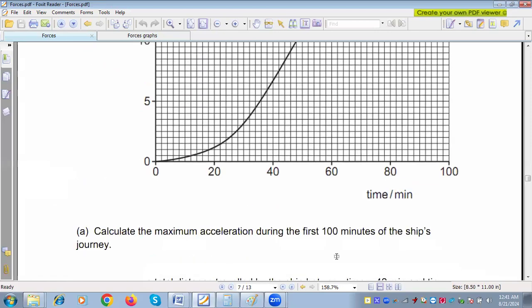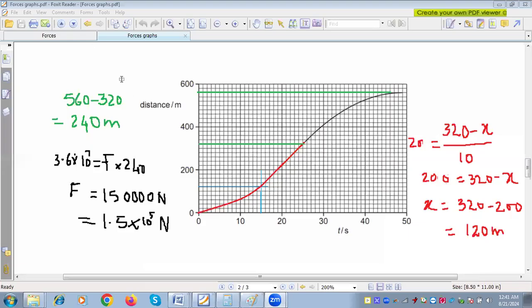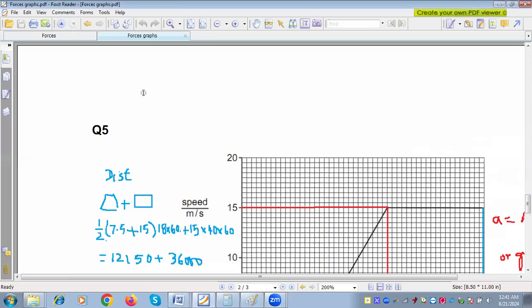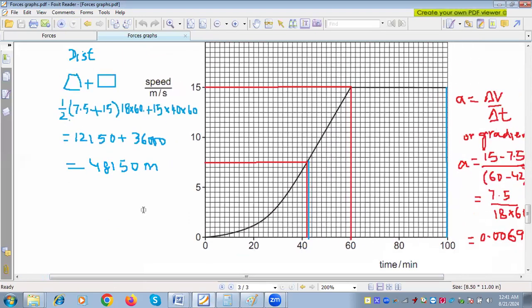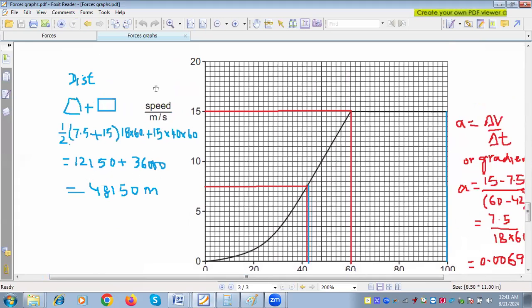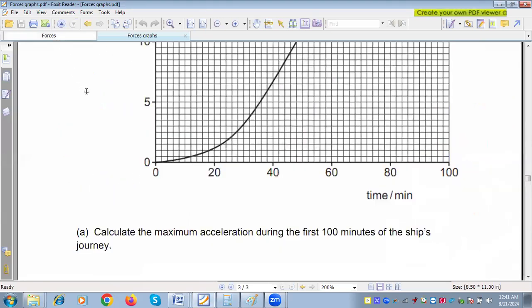The graph is already plotted for you, and this graph shows what was to be calculated in the first part: the maximum acceleration during the first 100 minutes of the ship's journey.